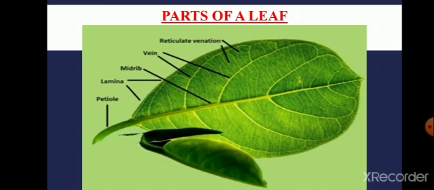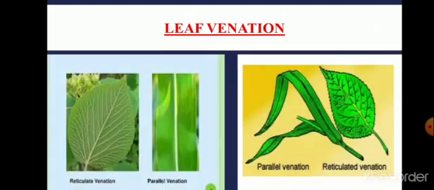Then veins. The many lines that run through the surface of the leaf are called veins, and the design made by them is called leaf venation.